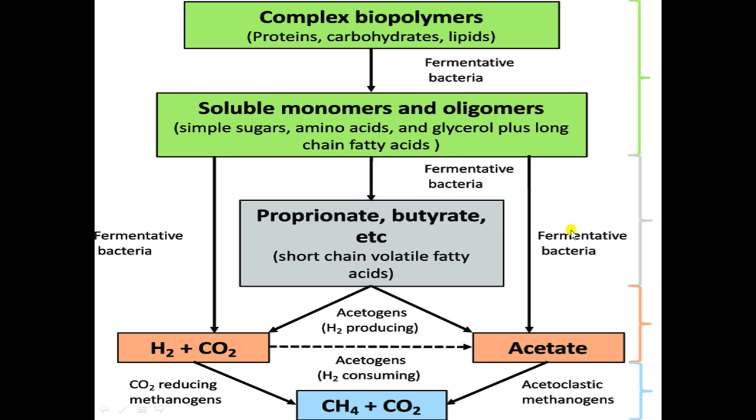Here the fermentive bacteria act in three ways. Fermentive bacteria will convert it into short chain volatile fatty acid, or directly these fermentive bacteria can convert the amino acids and sugar into acetate, or into water and carbon dioxide.